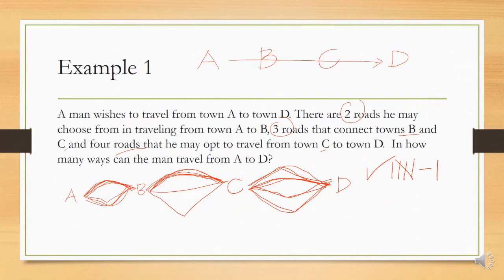Okay? According to the fundamental law of counting natin, since meron tayong 2 from A to B, tatlo tayo from B to C, and another 4 from C to D, eto kasi yung N1 natin eh. Eto yung N2, there are 3 ways. Dito ay there are 4 ways.